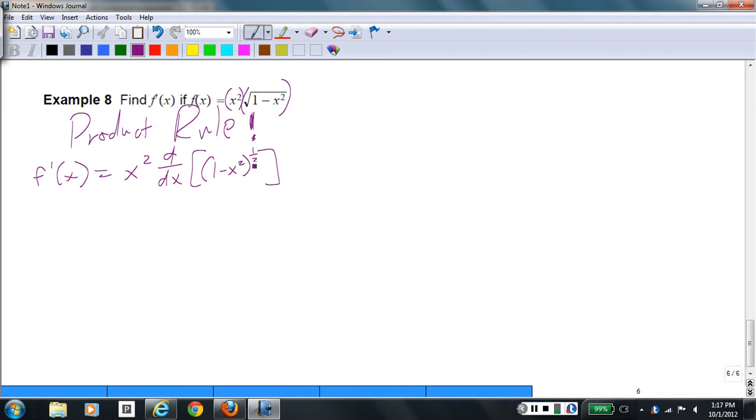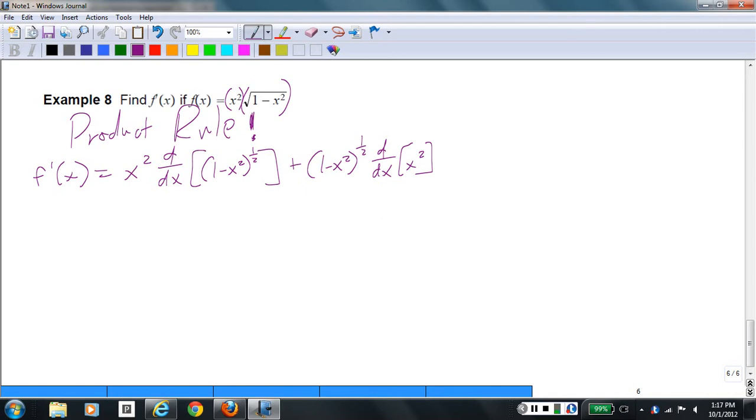So the first times the derivative of the second plus the second, 1 minus x squared to the 1/2, times the derivative of the first. That's the product rule. Basic framework for the derivative of this function.